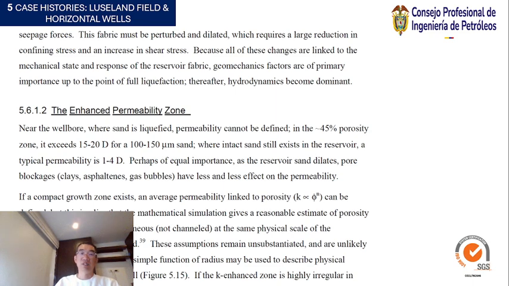This fabric must be perturbed and dilated, which requires a large reduction in confining stress and an increase in shear stress. All of these changes are linked to the mechanical state and response of the reservoir fabric.